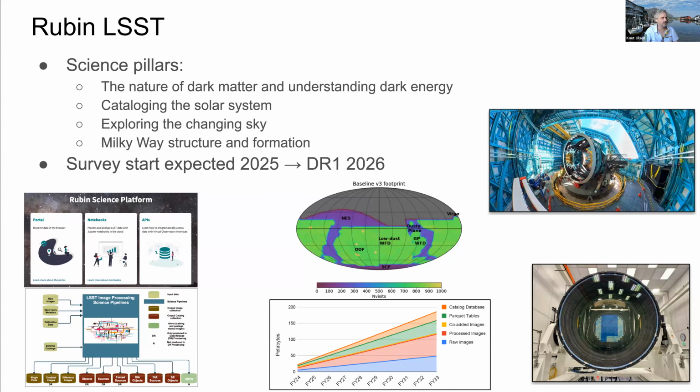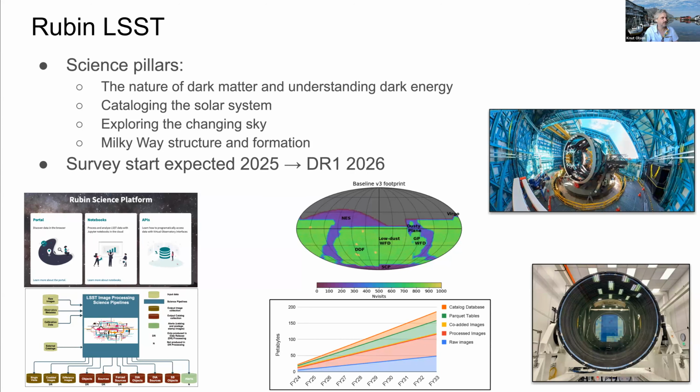The data volume, of course, is unprecedented, growing to hundreds of petabytes at the end of the 10-year survey, so it's approaching the exascale. The data management system for Rubin has been a giant effort and will feature several types of data products, which we'll maybe talk about a bit later.